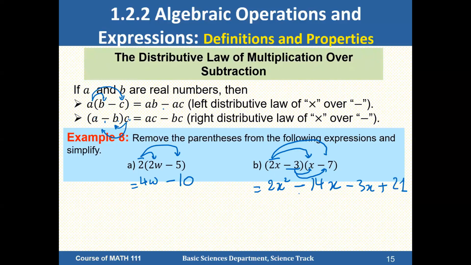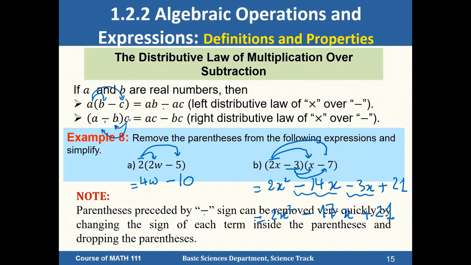I can simplify a bit more. These are two like terms, giving me minus 17x plus 21, using the fact that we distribute multiplication over subtraction.